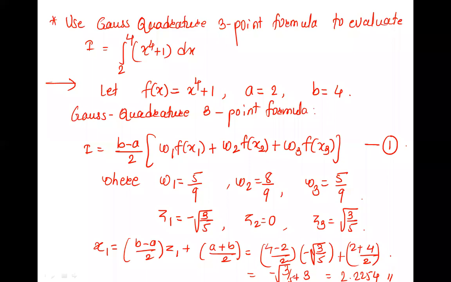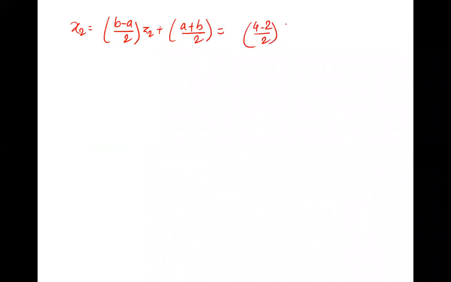Find out x2, x3 also. X2 is (b minus a) by 2 into z2 plus (a plus b) by 2. So (4 minus 2) by 2 into z2, which is 0, plus (2 plus 4) by 2. 0 into anything is 0, so 6 by 2, 3. X2 is 3.